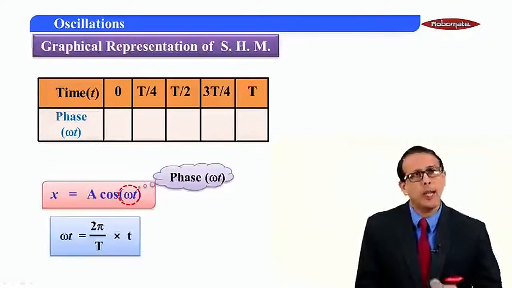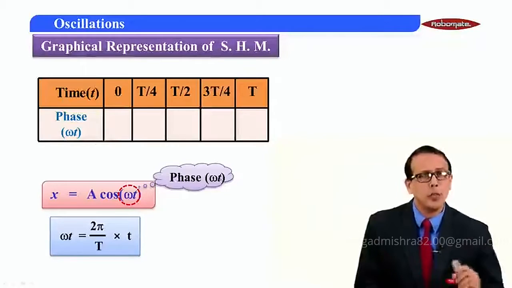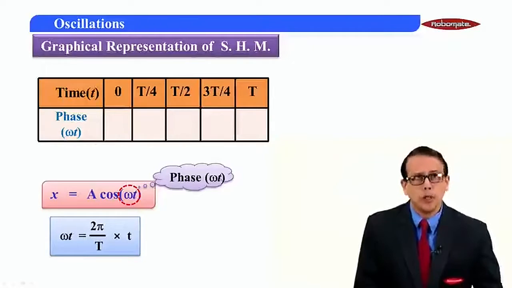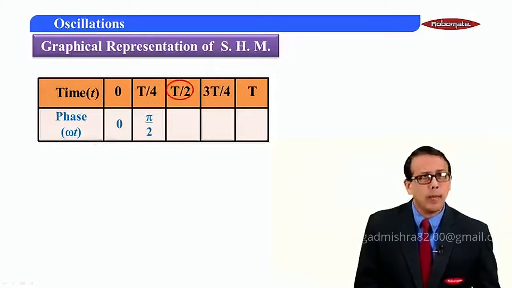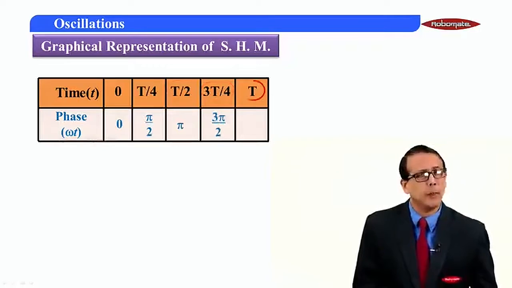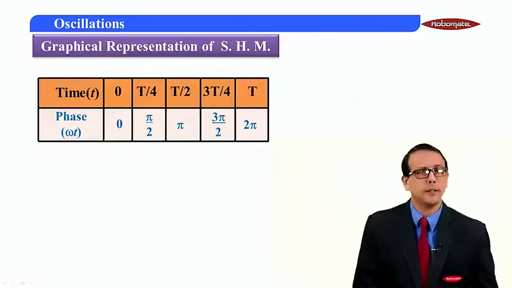Since I had already derived this in the previous modules, in this module we'll straight away substitute the values. When small t is 0, omega t overall becomes 0. For T by 4, it is pi by 2. For T by 2, it is pi. Likewise, for 3T by 4, it is 3 pi by 2. And for T, yes, it is 2 pi radians.